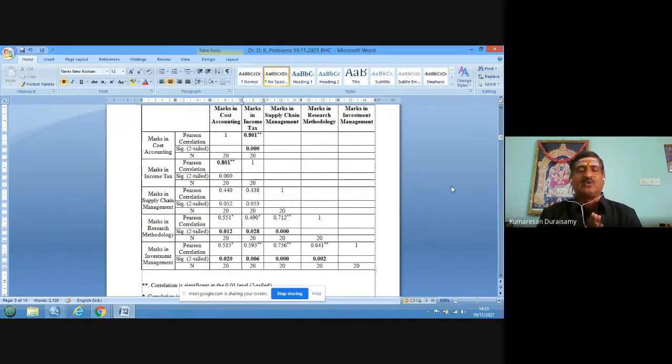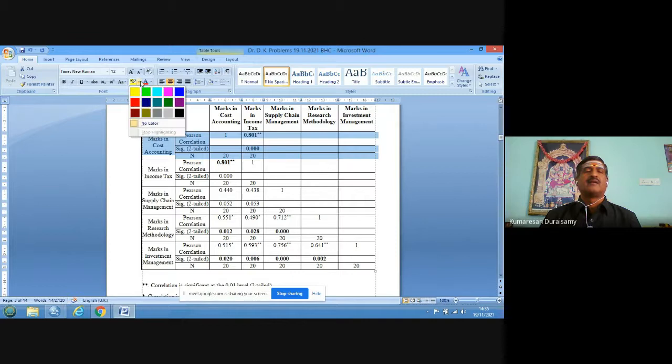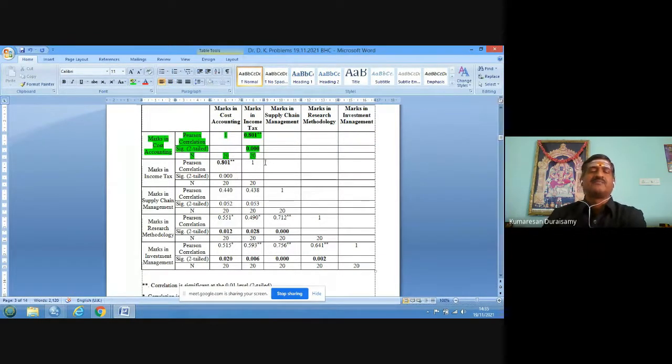With the p-value, we can say whether they are significantly related. Look at this. What is the p-value? 0.000.